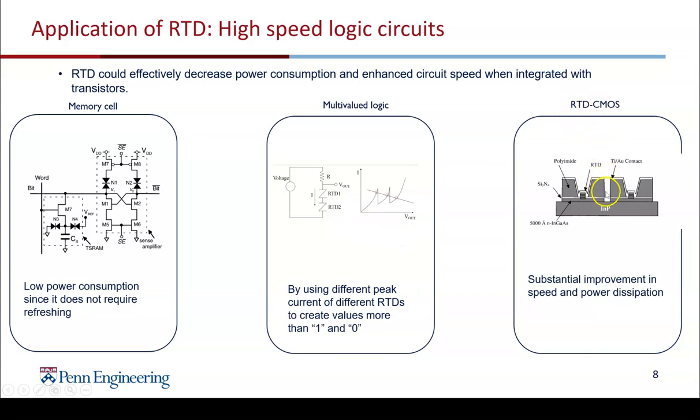And last is the RTD CMOS. It is the most commonly seen application in daily life. If we integrate RTD with CMOS, we can obtain a substantial improvement in speed and power dissipation due to its ultra-fast processing time and high frequency.